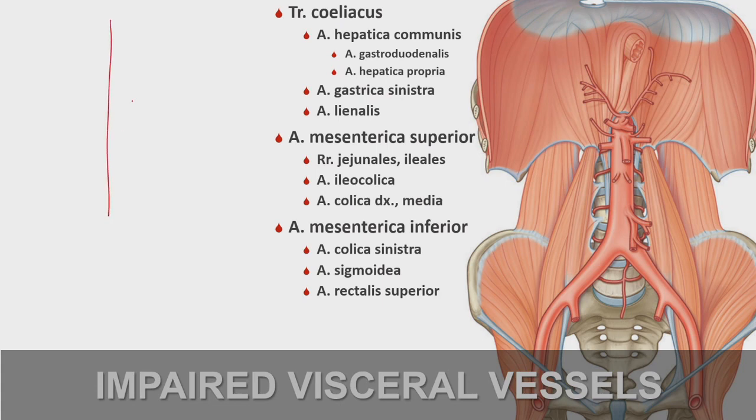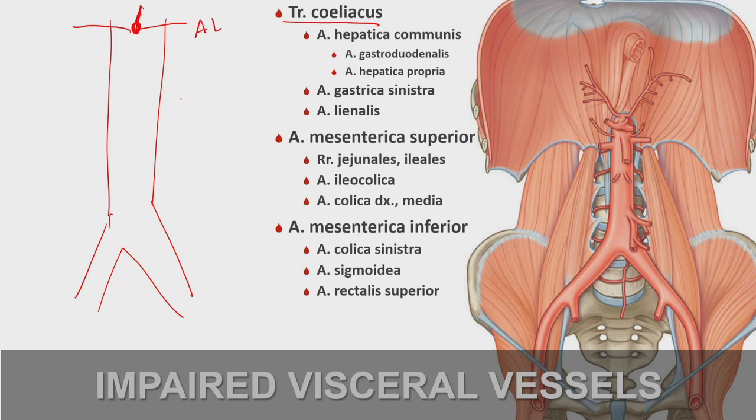We have abdominal aorta, and here we have the first one. The first one is the celiac trunk. Celiac trunk is divided into three vessels. One is going to the spleen, arteria lienalis, lienal or splenic artery. One is left gastric artery, one is common hepatic artery. Common hepatic artery has a branch which is gastroduodenalis.